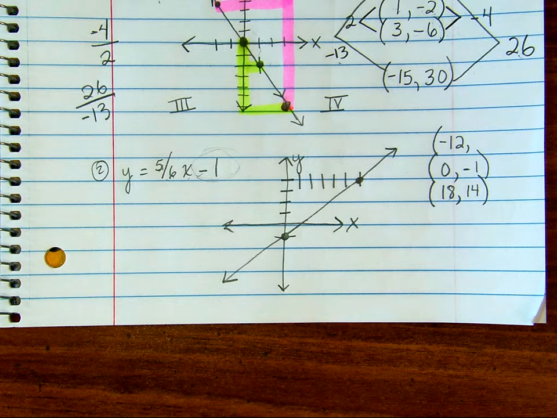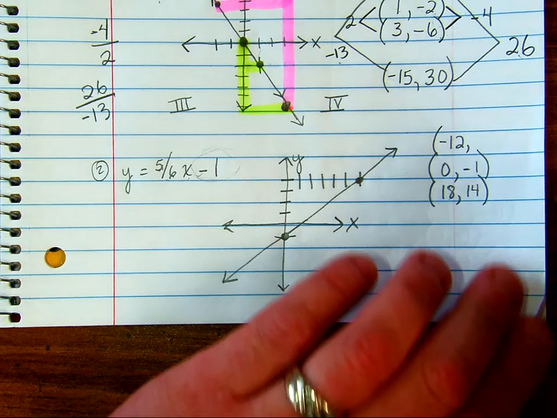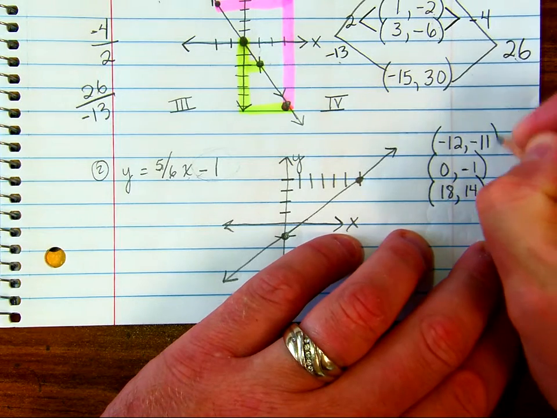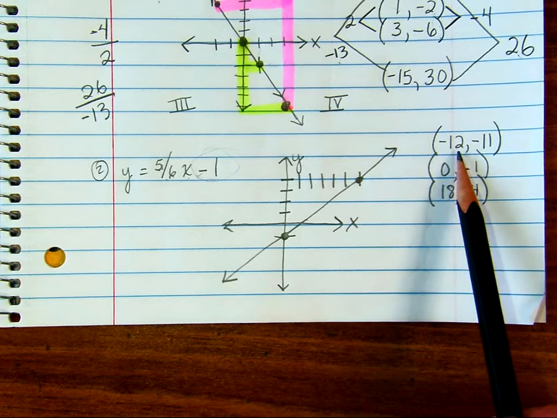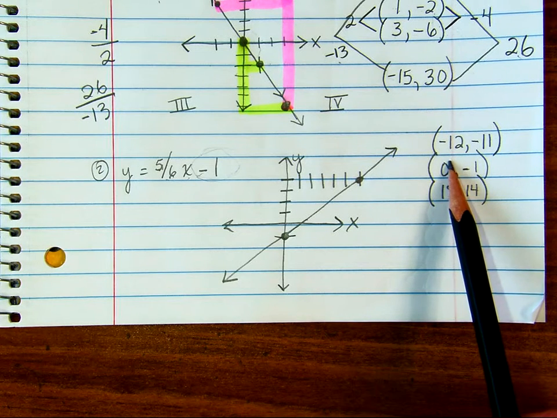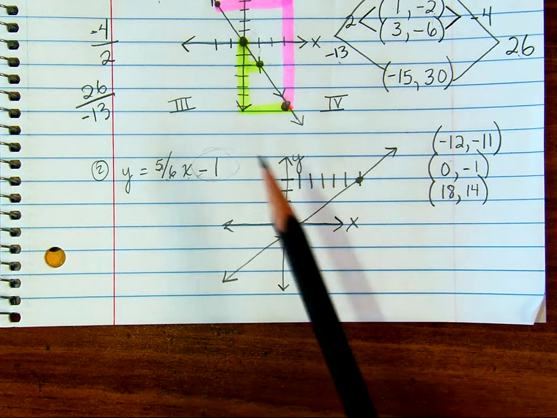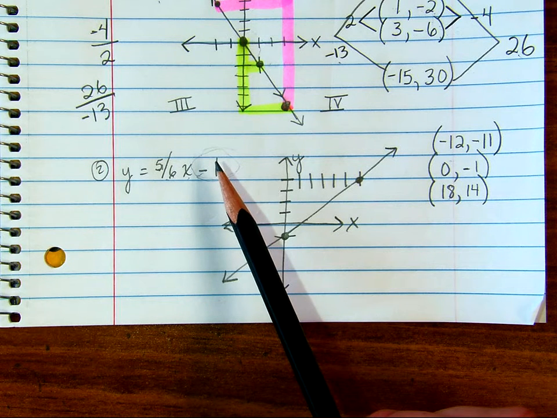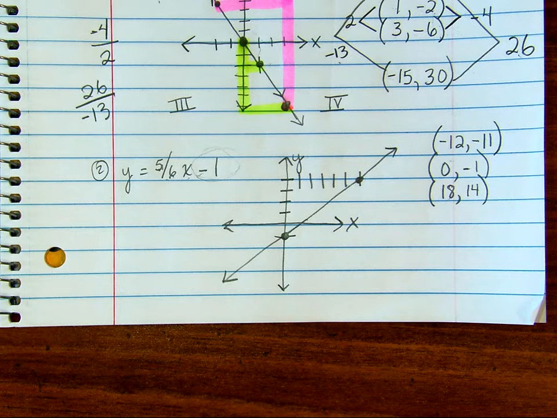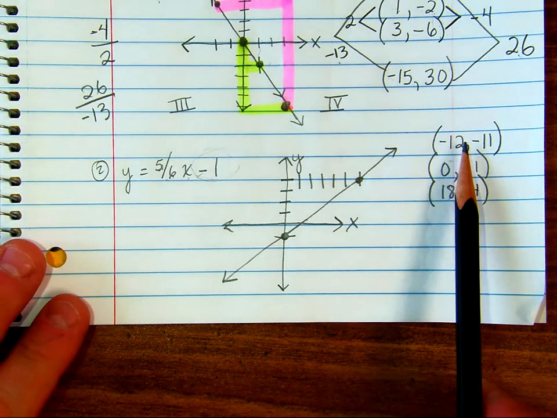That is the correct answer. Good job. 6 goes into -12, -2 times. -2 times 5 is -10. If you're at -10 and take away 1, you go back 1, you're at -11. Nice job.